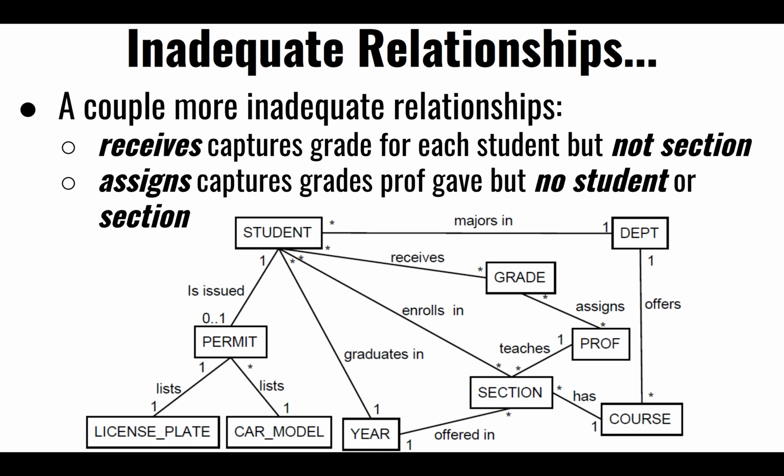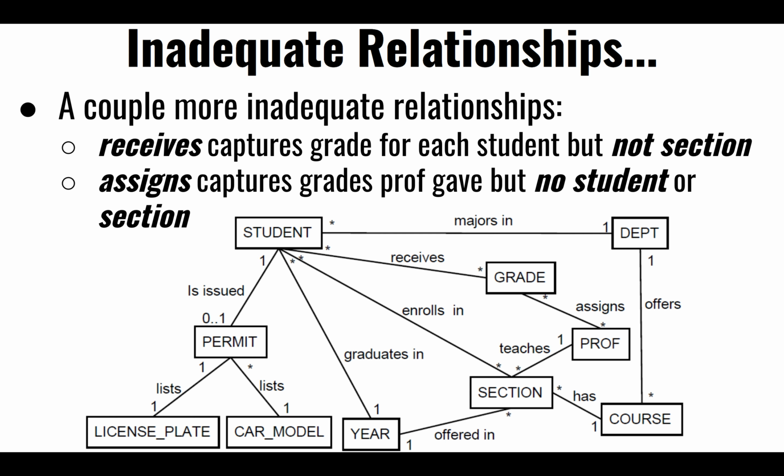A couple more things here. If we go through student receives grade, and then the professor assigns the grade, and the professor teaches the section. Notice that there's no way to know that a grade was, yes, assigned by a professor, but while they were enrolled in a particular section, right? So there's no way of knowing that yes, that's my grade, but I don't know for what section.